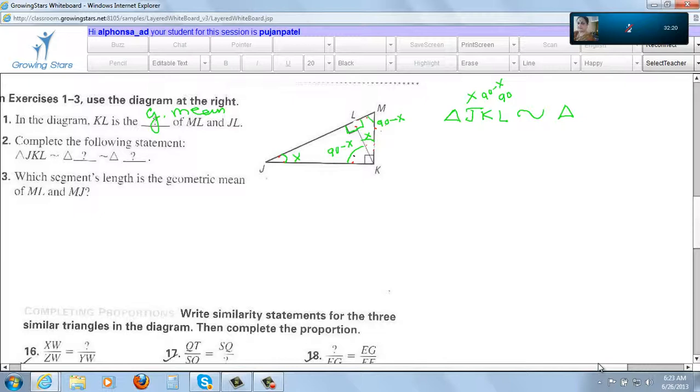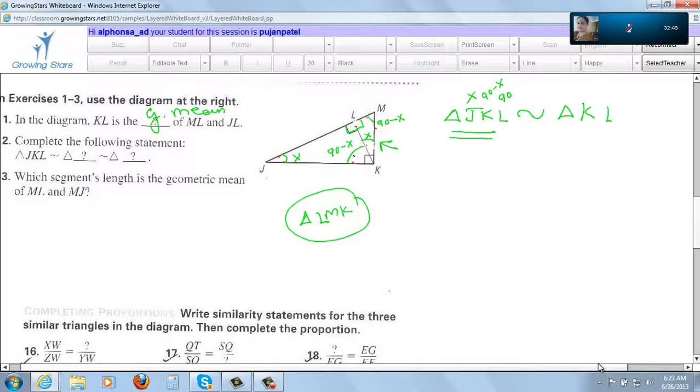So in that order, you can write the triangle. No, JKL we have already written, isn't it? Now go for the other triangle, this triangle here, LMK triangle. In which order can you write the vertices? KLM. Very good. K, L, no, not L. L is 90, isn't it?